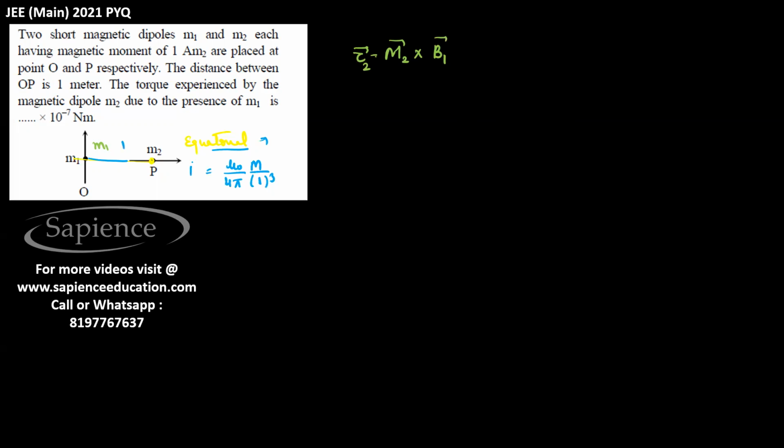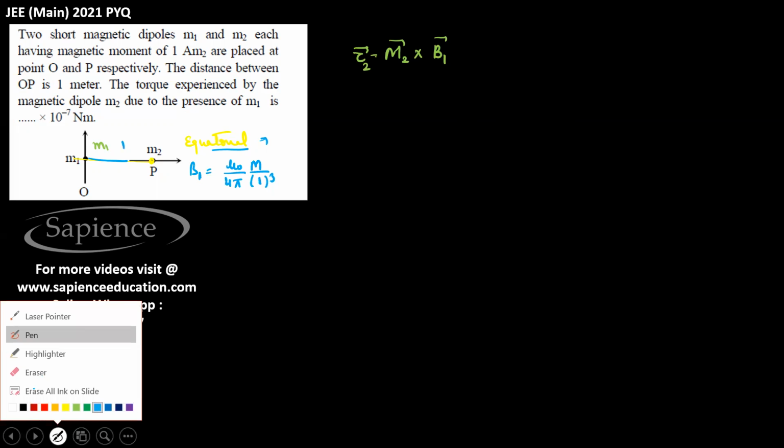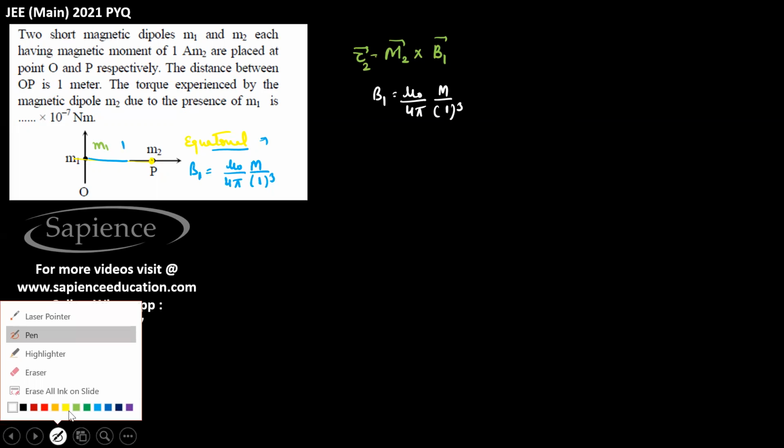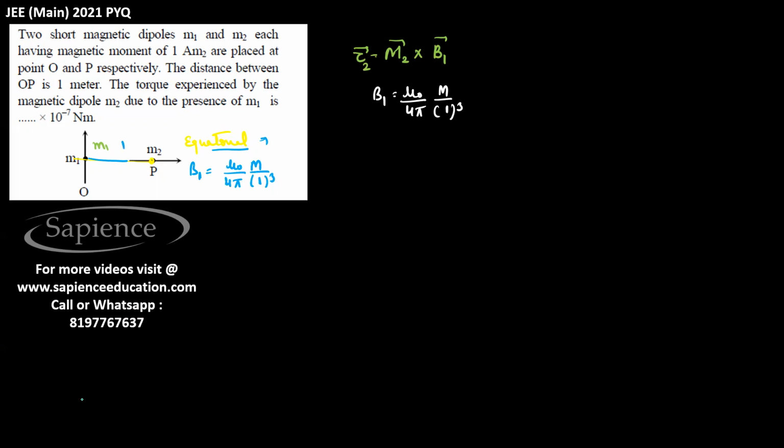So this will be the magnetic field B1, equal to mu naught by 4 pi M by 1. The magnetic field will be opposite to the magnetic moment, so it will be in a downward direction.